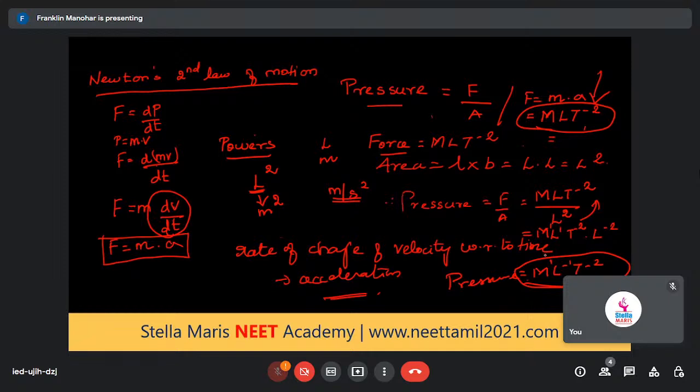For every physical quantity we have a certain dimensional formula. So we have to be aware of the particular tabular column, the dimensional formula tabular column.